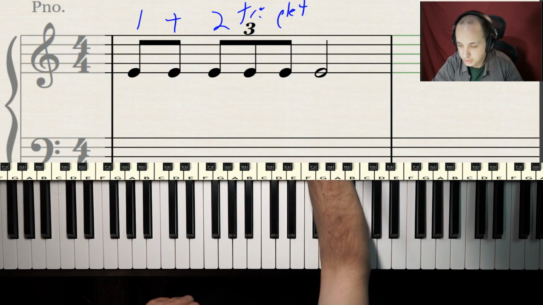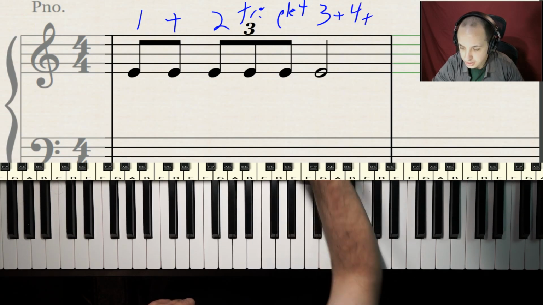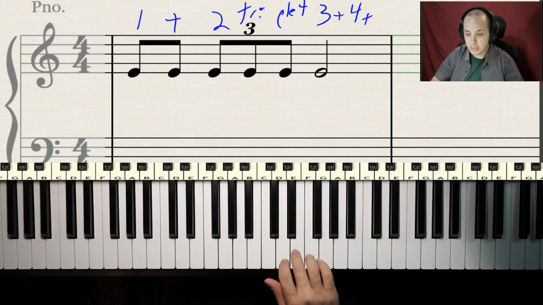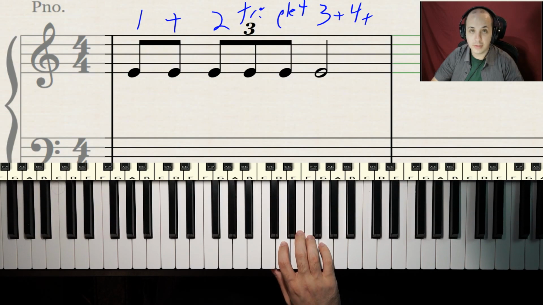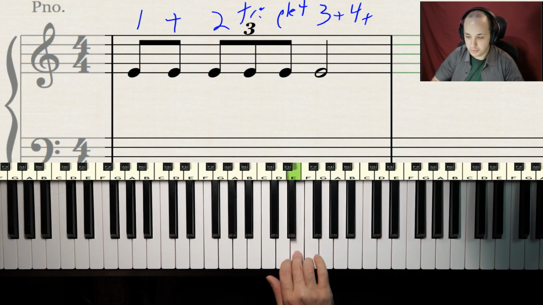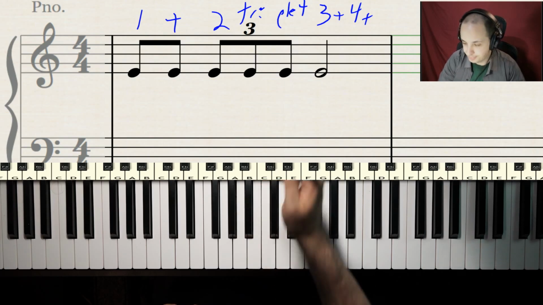And then you're going to have 3. And then I would subdivide this by counting 3 and 4 and right there. So you have 1 and 2 triplet, 3 and 4 and. Or a little faster, 1 and 2 triplet, 3 and 4 and. Just like that.